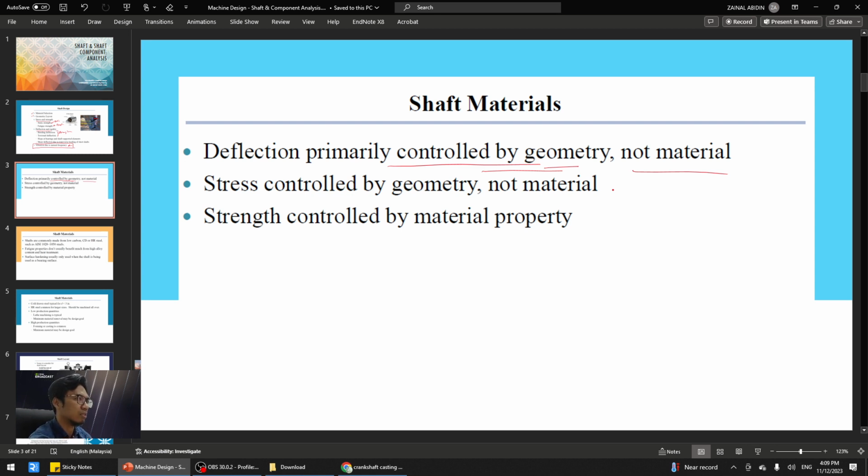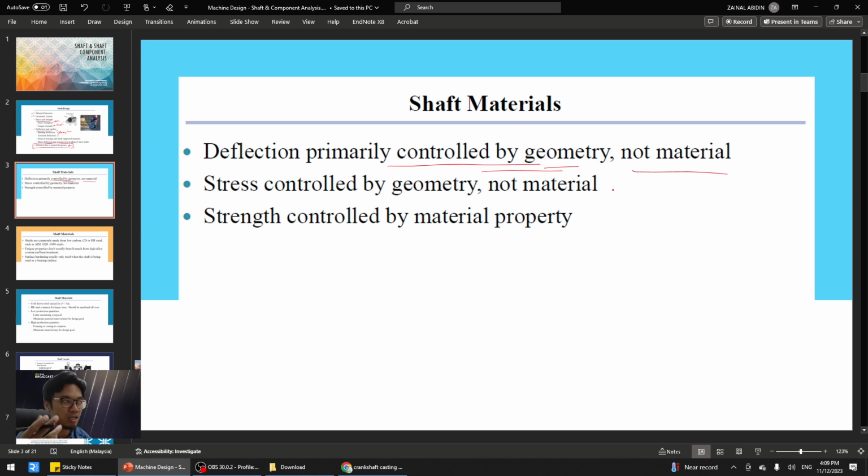Okay, and what does material do? If you select a proper material, what does it control? For the shaft, it only controls the strength itself.